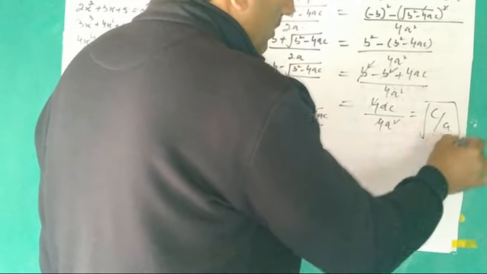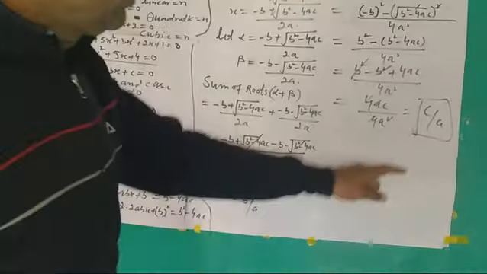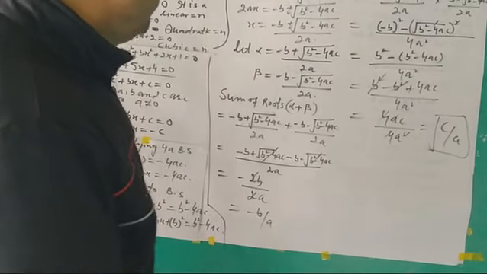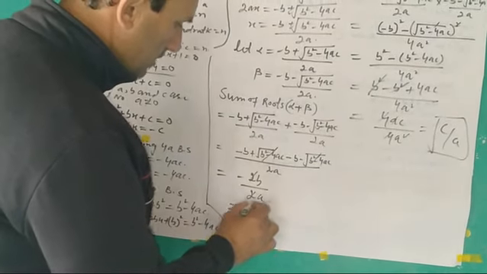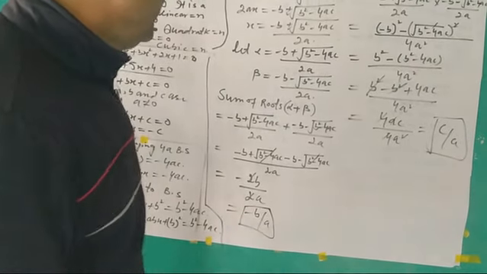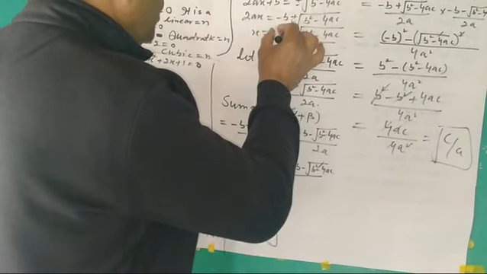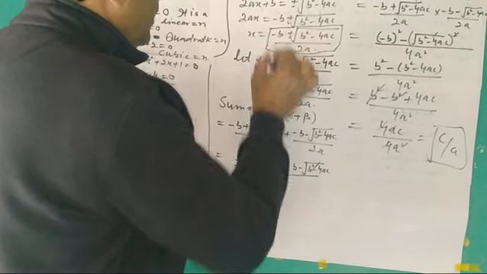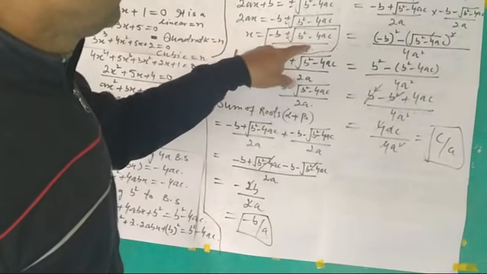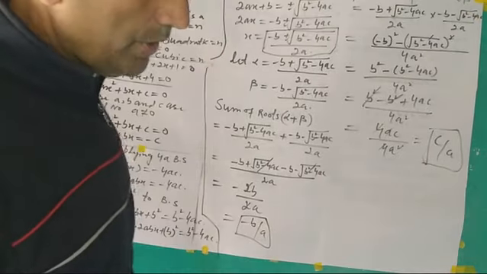So this is your formula product of roots, that is c by a, and this is your formula sum of roots, that is minus b by a, and this is your quadratic formula, that is minus b plus minus under root of b square minus 4ac divided by 2a.